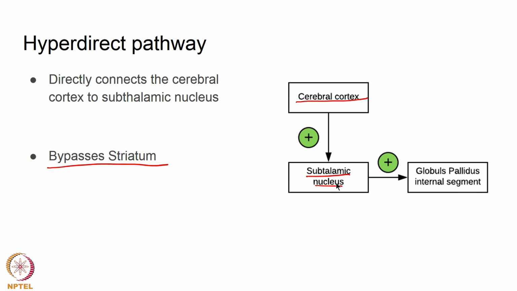The subthalamic nucleus is providing transient excitatory input to the globus pallidus internal segment, which provides the tonic inhibition to the thalamus, is it not? So, it is going to inhibit directly or super directly the output of the thalamocortical neurons by increasing the excitation level of the subthalamic nucleus.